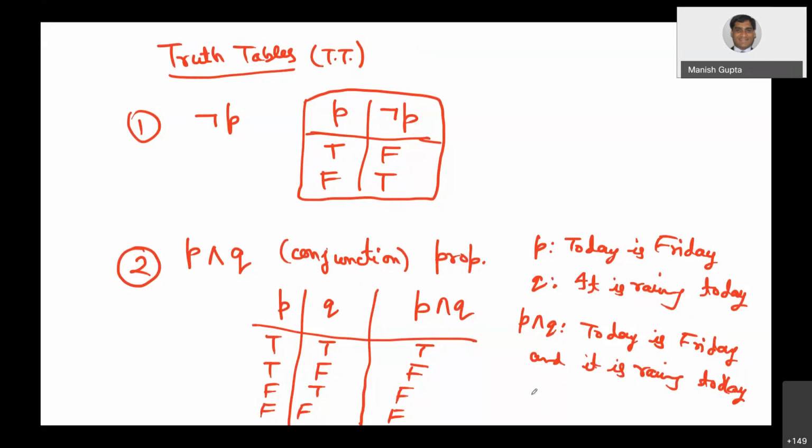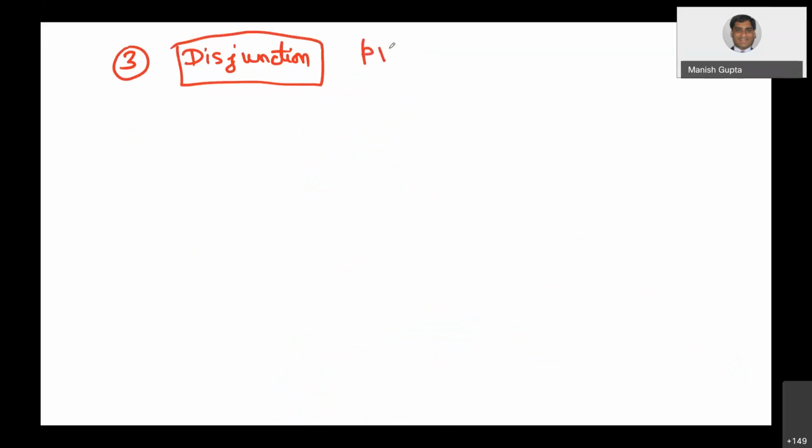Next, we define what is known as disjunction. P join Q, or P disjunction Q. Sometimes in some books the notation is also P or Q. So what is the truth table for this?